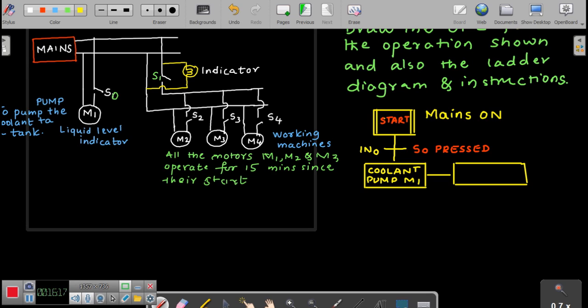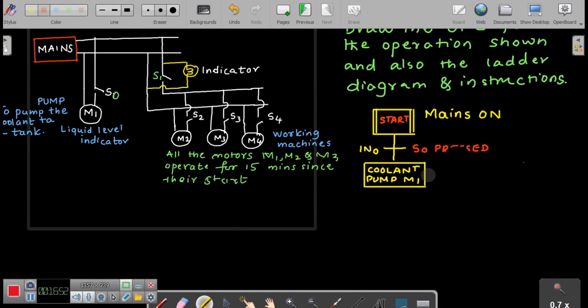Here this is fill the coolant to required level. I will redraw it a little bigger.